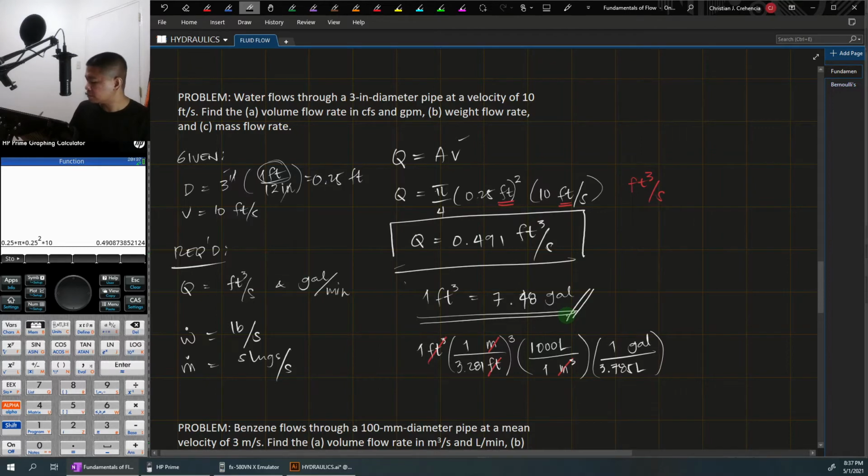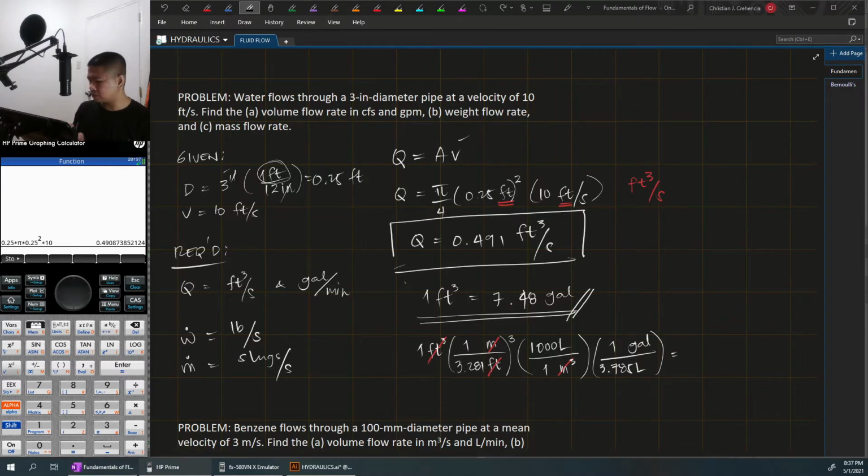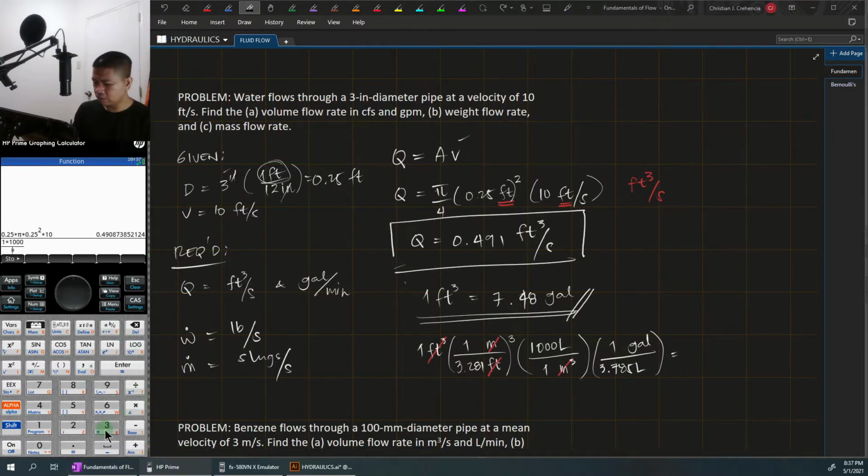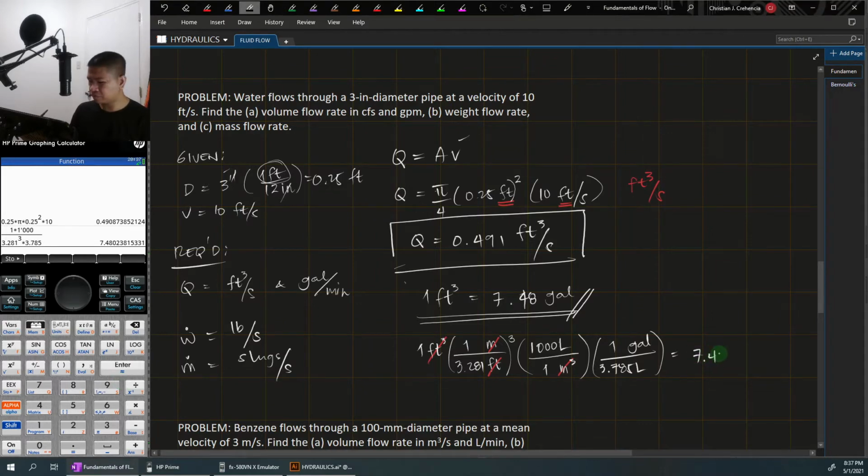Okay? Itong conversion na to, nakita ko lang sa internet. Marami naman tayong conversion diyan. So tingnan lang natin kung gaano kalaki yung discrepancy. So 1 times 1,000, then 1 gallon, divided by 3.281 cubed times 3.785. So, ang makukuha natin is 7.4802 gallons. Okay, cancel na dito yung liter.